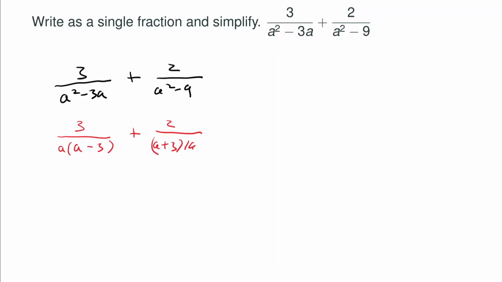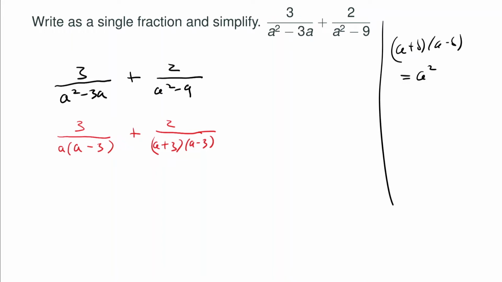Let me write it better there. Let me explain real quick: this comes from the generic a plus b times a minus b equals a squared minus b squared. So we can think of 9 as 3 squared, and that's what we get right here.